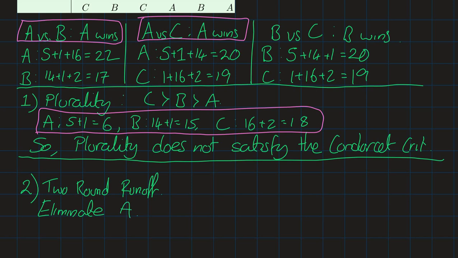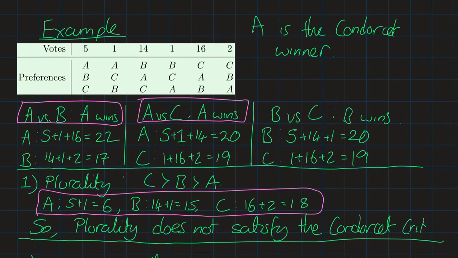Okay, so we eliminate A, and now we calculate how many top preference votes B and C have. So if we've eliminated A, and we count how many top preference votes B and C have, okay?